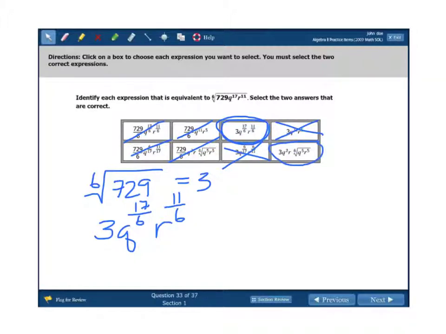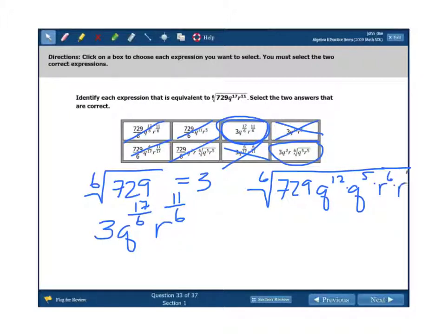All right, if I think about this radically, I have the 6th root of 729, and then I can make q to the 17th, q to the 12th times q to the 5th, and I can make r to the 11th, r to the 6th times r to the 5th. I can take the 6th root of these two because those exponents are divisible by 6.